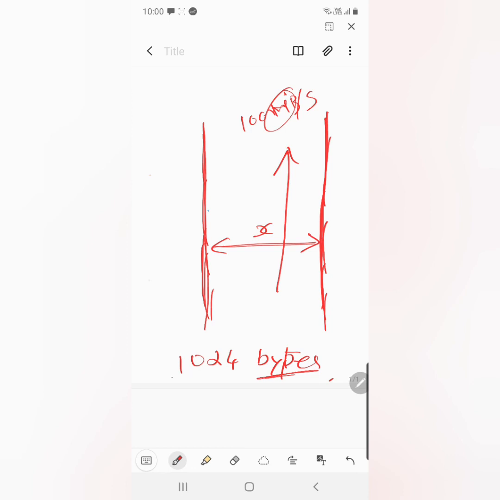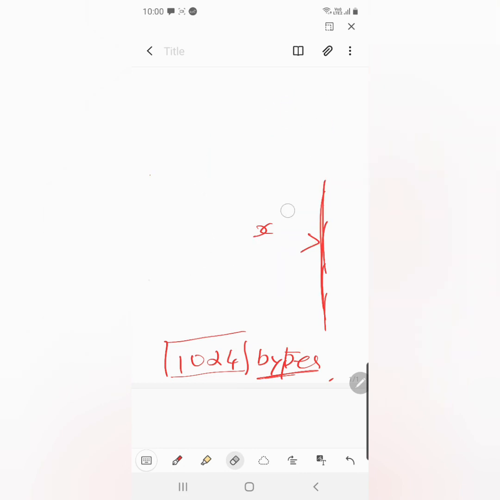So the 1024 is actually a multiple of a power of 2. And let's just figure out how much. So you have 2 to the power 3 is 8, 2 to the power 5 is 32. So 2 to the power 8 is 256.